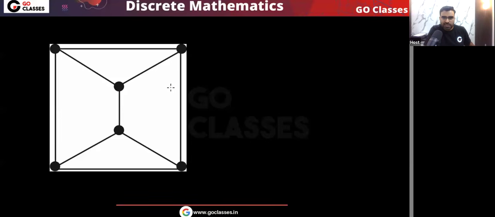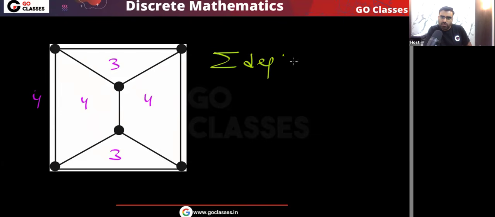For example, you can verify in this diagram. Tell me, what is the degree of this face? That is 4, degree of this face 4, 3, 3, and degree of this outer face, that is 4. So what is the total degree of faces? That will be 18. And what is twice the number of edges?